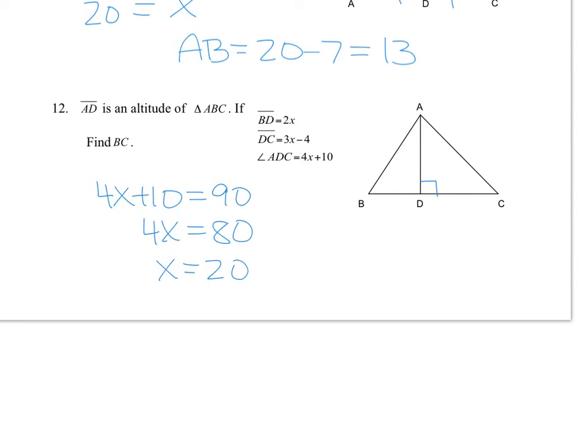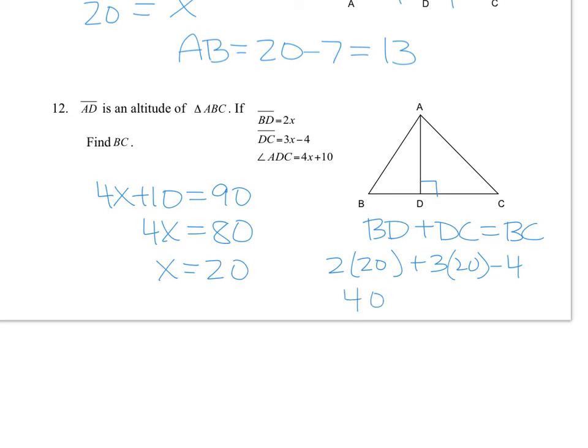Well, BC is BD plus DC. I can substitute 20 into both those expressions. So we get 40 plus 60 minus 4, which is 96.